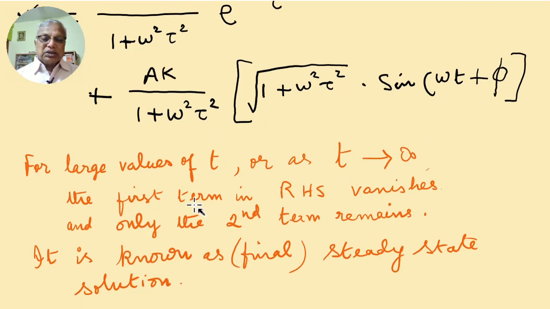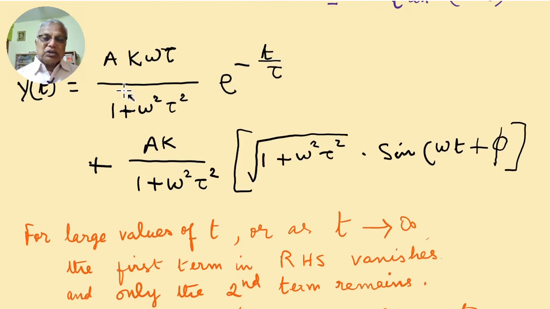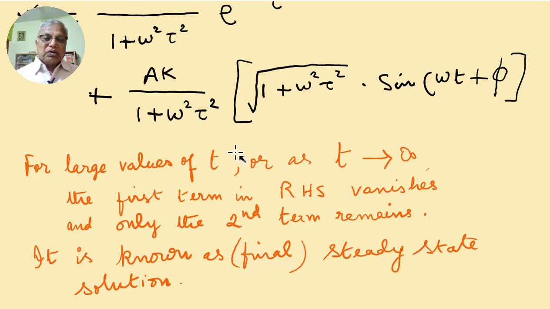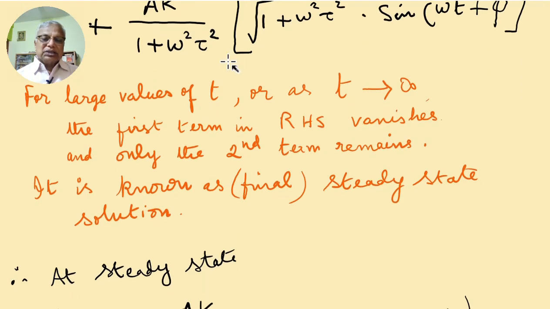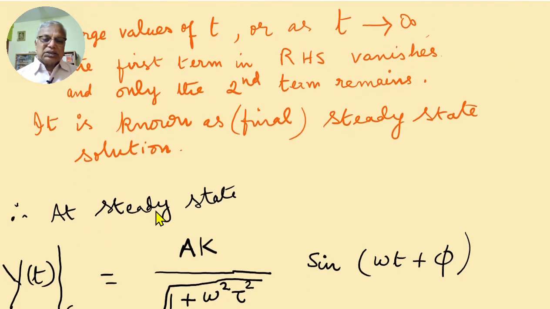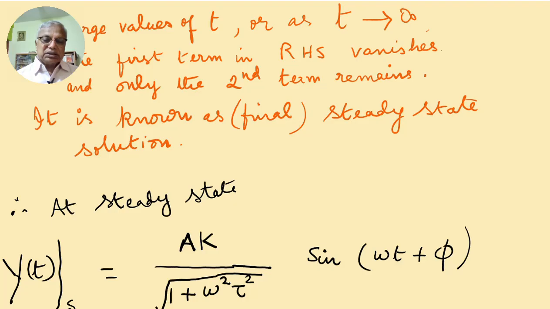We can ignore the first term and take only the second term, and we call this the steady state solution of the response, because after some time the first term has no meaning.